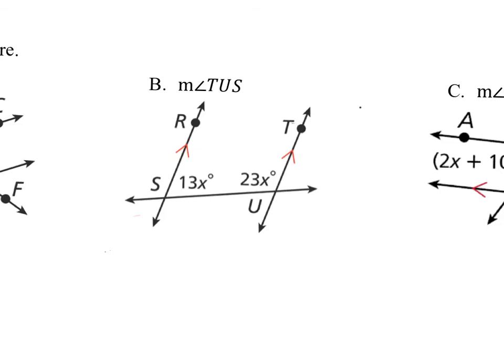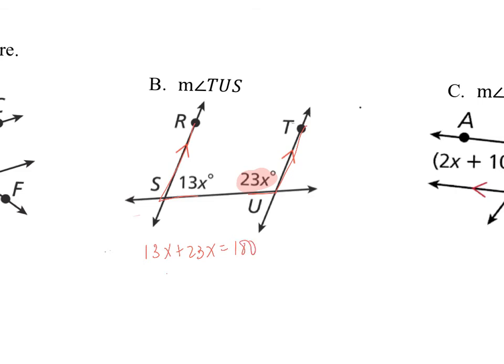To find the measure of angle TUS. Well, TUS is 23x, and it's the same side interior with angle RSU. These two angles are same side interior. Same side interior, when you have parallel lines cut by a transversal, add to 180. So I do 13x plus 23x equals 180 degrees.